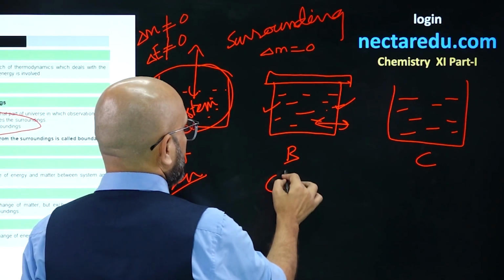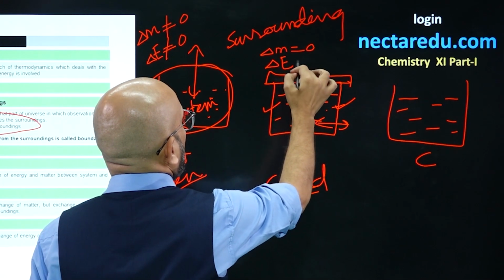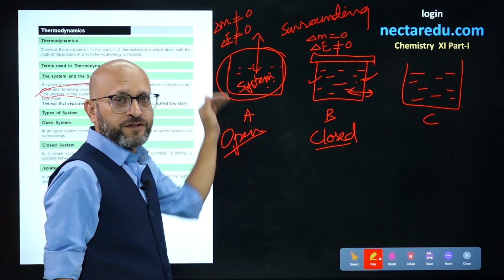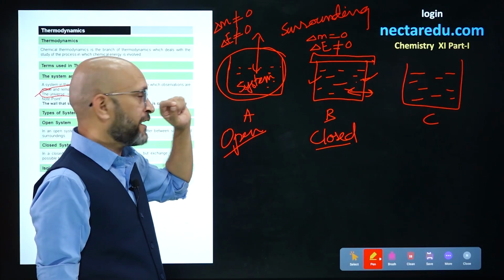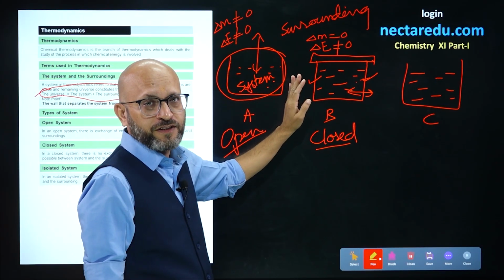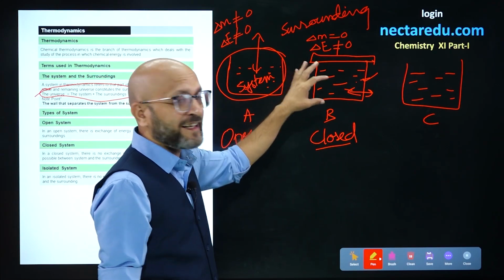So this is a closed system. Exchange of energy is not equal to 0. In an open system, both exchanges were happening: mass was exchanged, and so was energy. But in a closed system, mass exchange is 0 with the surrounding, but energy exchange is still happening through conducting walls.